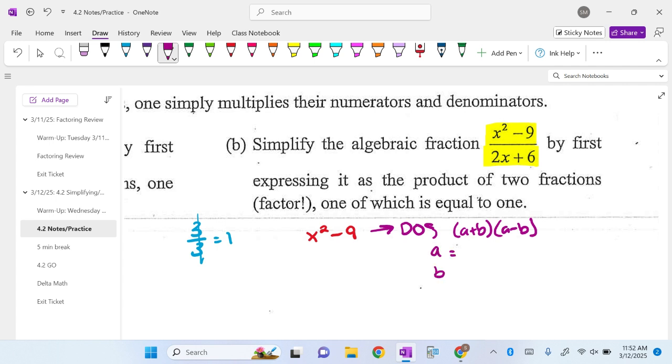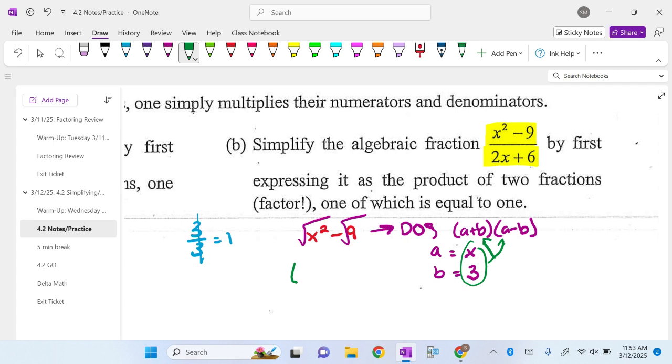All right, but we need to figure out what a and b are. So I'm going to take the square root of both terms. So a comes from the x squared. What's the square root of x squared? X. So that's my a value. Square root of 9. 3. So if I take these values and plug them in for a and b in the formula, what are my factors?